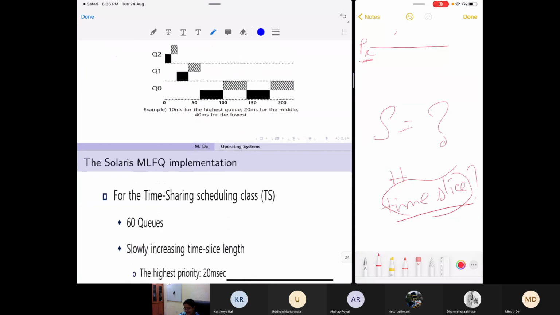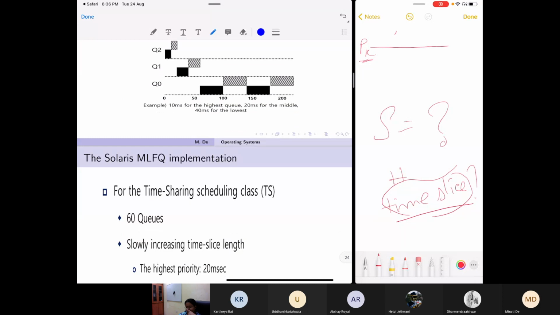And this MLFQ is implemented in some systems, and sometimes there is an option for the user, or in fact the administrator, to decide what the priority should be, or maybe how much time, right? That type of design decision should be there.